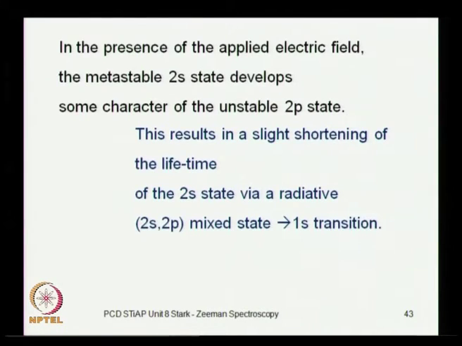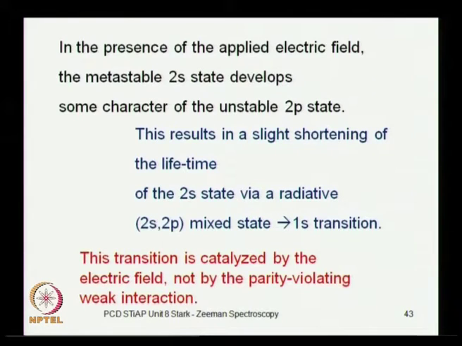This is a transition which is enabled by the mixing of 2s and 2p. This is not a parity violating transition which comes because of the weak interaction. That is also possible, but that is a different channel altogether. So, you can extend this analysis to higher excited states like n equal to 3, where you will have a degeneracy which goes as n squared, that is 3 squared.